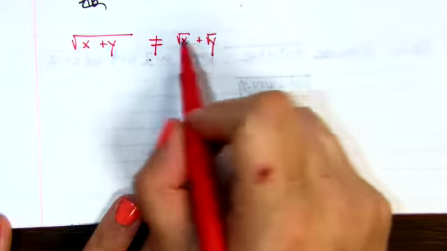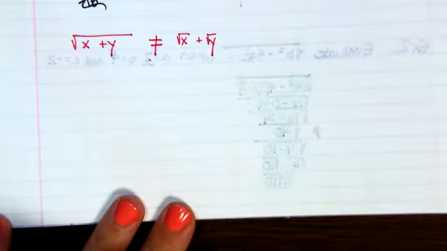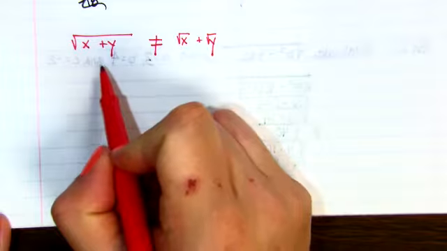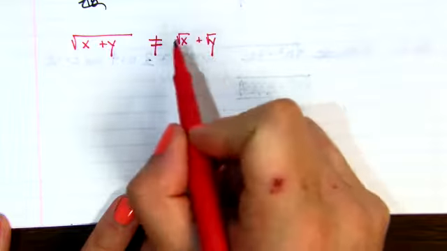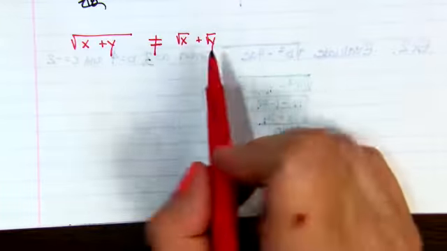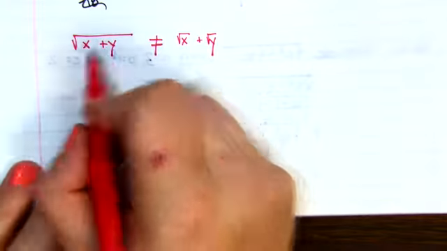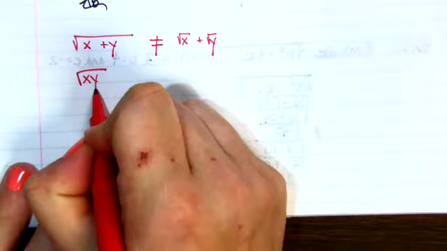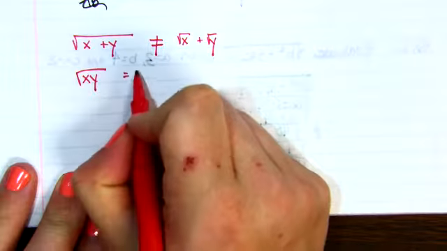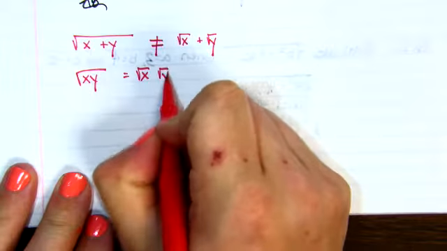You cannot break it up into those like you can when it's multiplication. Same thing goes for subtraction. You cannot break it into two separate square roots. So you just want to be really careful with that. You can only use the product rule when it's a product, when you're multiplying. So just keep that in mind as you go.